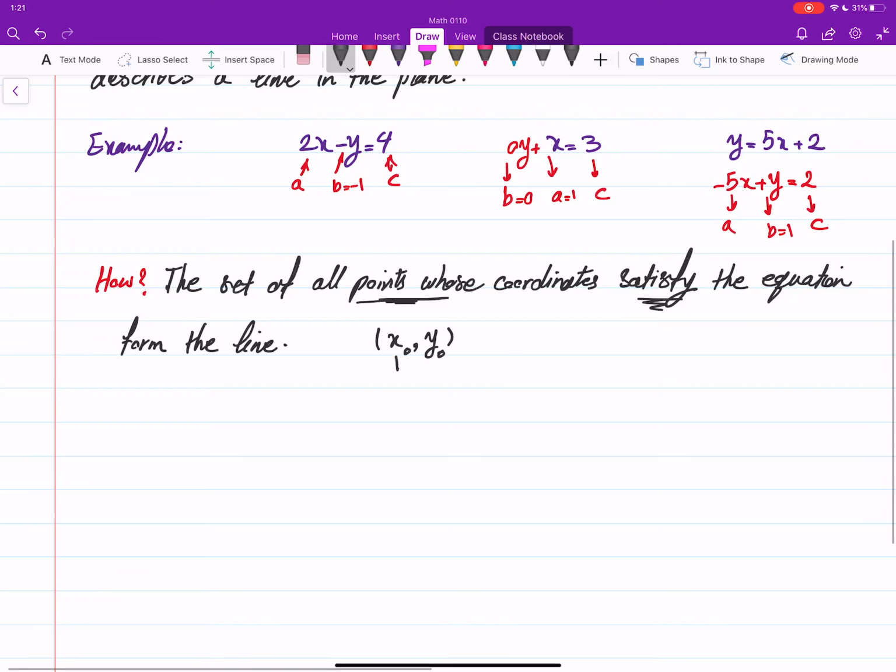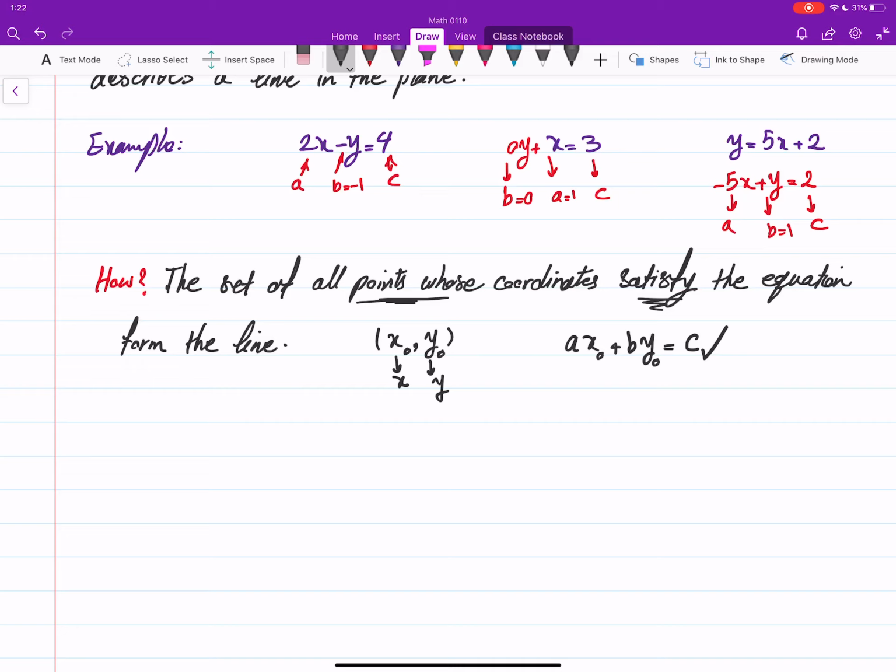It means that if you plug in x to be x0 and y0 into y, so a times x0 plus b times y0, where a and b are constant numbers, and x0 and y0 are constant numbers, and that gives you the number c, that means that the point satisfies the equation.